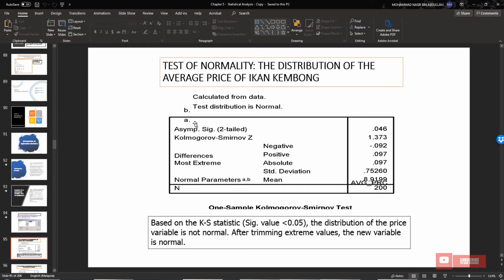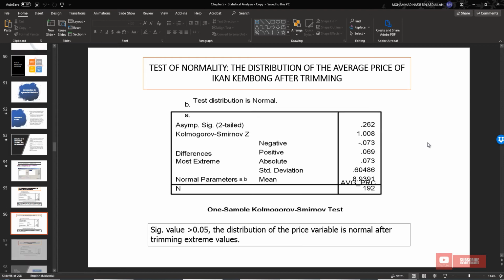This is the p-value, 0.046. It means it's less than our significance level alpha, 0.05. Since the p-value is less than 0.05, we reject the null hypothesis and accept the alternative hypothesis. So it means the distribution for this variable is not normal. This is how we read the statistical result from SPSS.